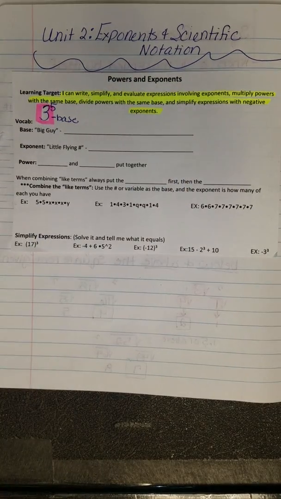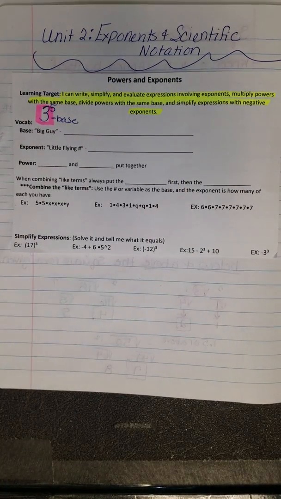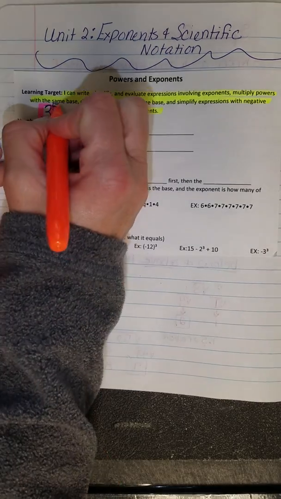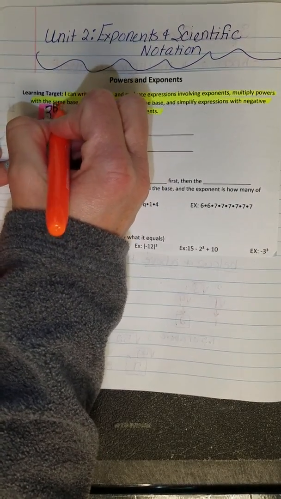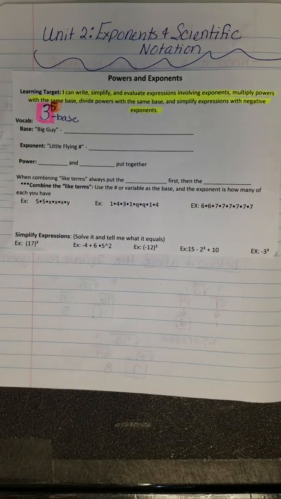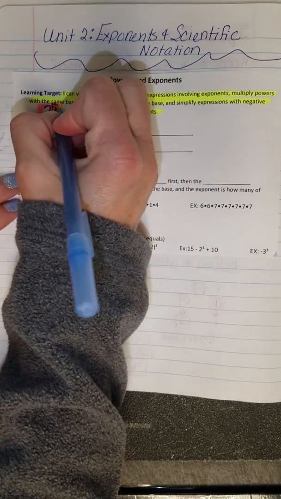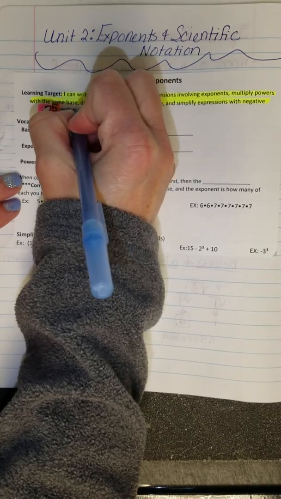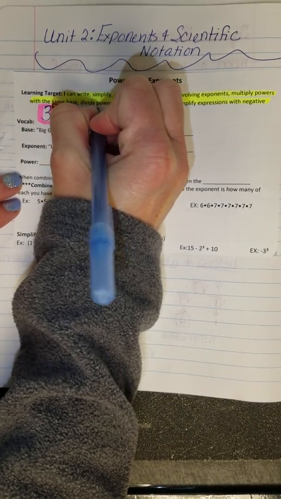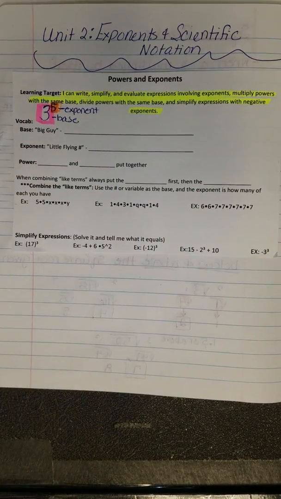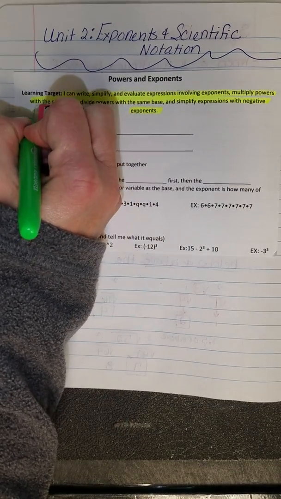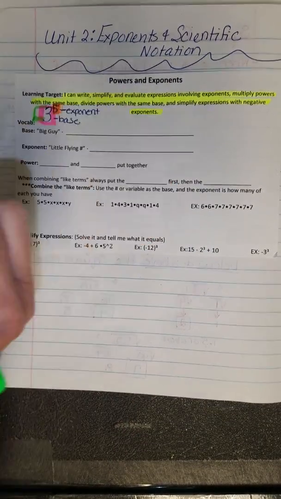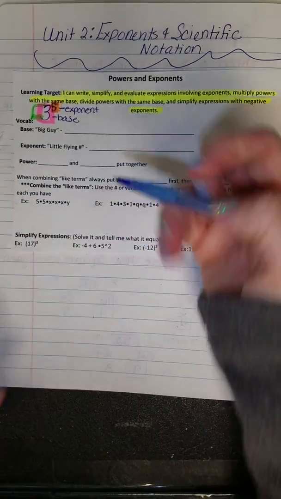That 5 is called the exponent. So it has an exponent of 5, or you could say 3 to the 5th power. And then both of these things together, the exponent and the base together, are called a power.